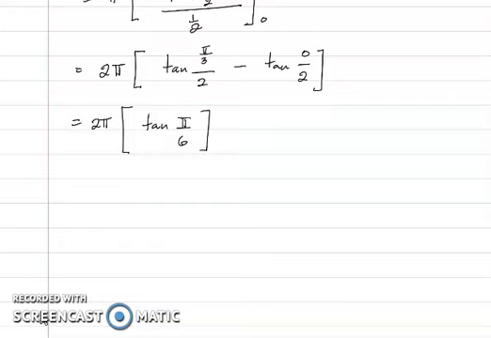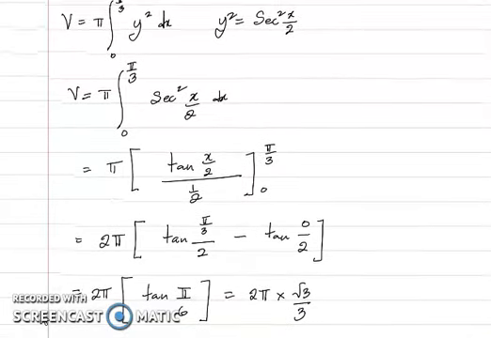Now, pi by 6 is 30 degrees, and the tangent of 30 degrees is equal to 1 over root 3. I'm double checking it in my mind's eye. The tangent of 30 degrees is equal to 1 over root 3, which is root 3 over 3. So this is 2 pi times root 3 over 3.